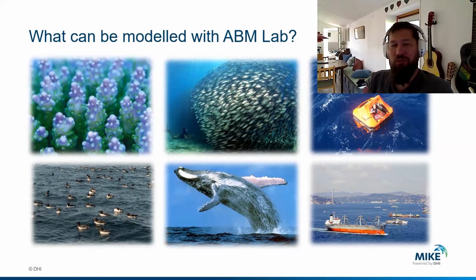And even, one of the things that we do at DHI is also model oil spills in an agent-based model, because you can view the oil globules as individuals because they occupy a limited amount of space.